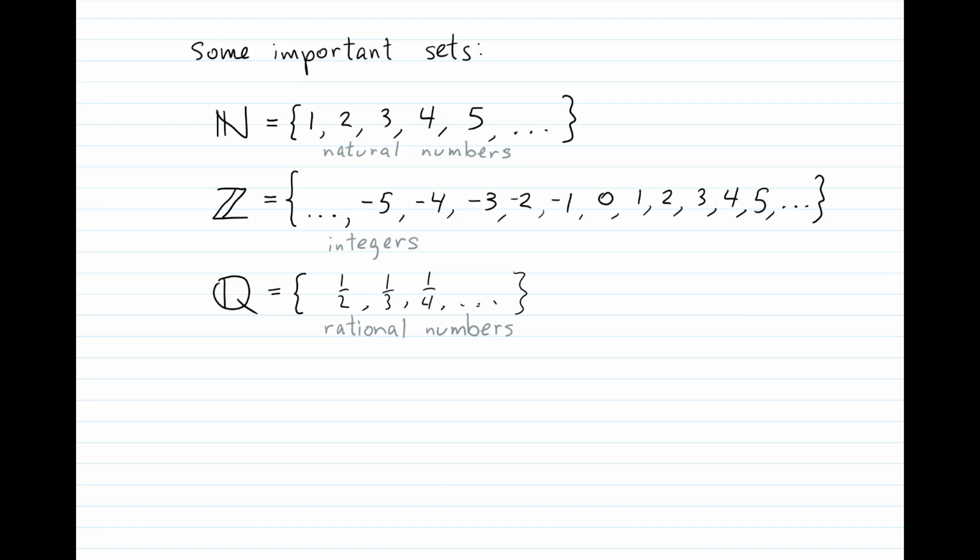Because even if I do that, I still have not even scraped the top of the iceberg, right? There's so many more rational numbers than there are integers. Or are there? Well, I don't know. We're going to have to discuss that later in the semester. But I can definitely tell you that I'm having a hard time figuring out a way to write down all of the rational numbers in there, or to write down something that would indicate all of them.